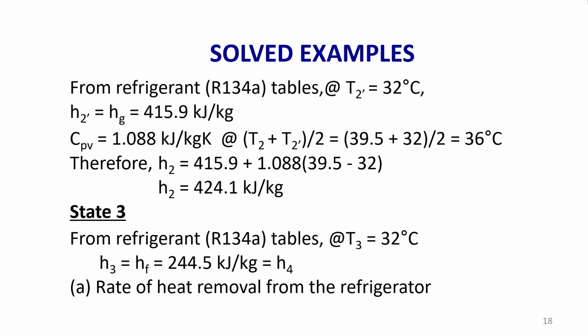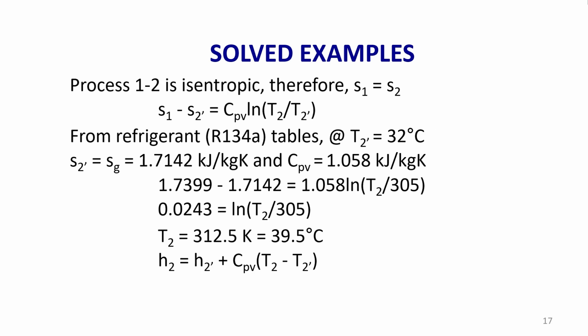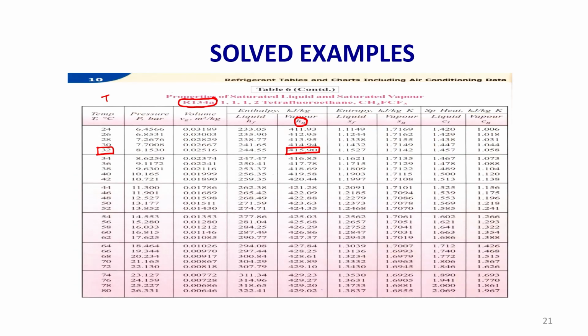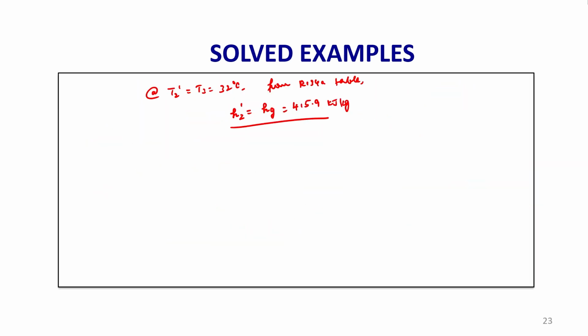Okay. So now we also have to take the Cp of vapor. But before that, let us take this process, isentropic process, S1 equal to S2. Now there is a relation between change in entropy and the temperature ratio T2 by T2 dash. First we will take the entropy value.